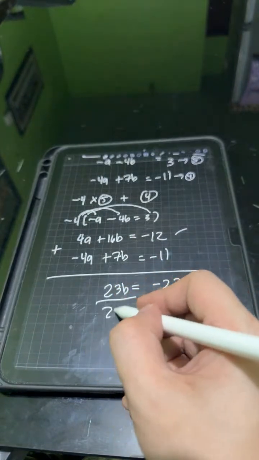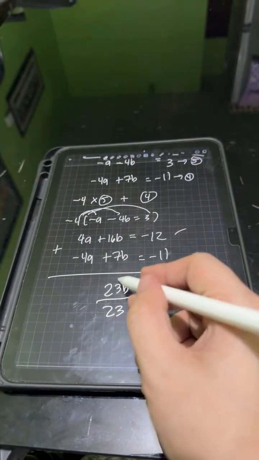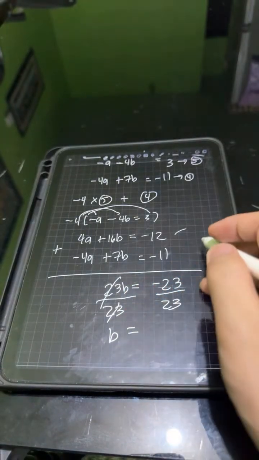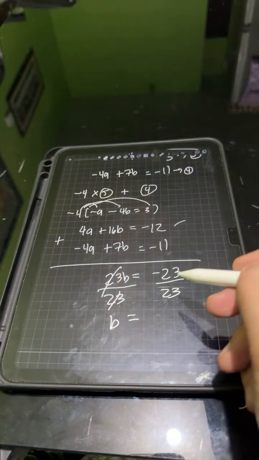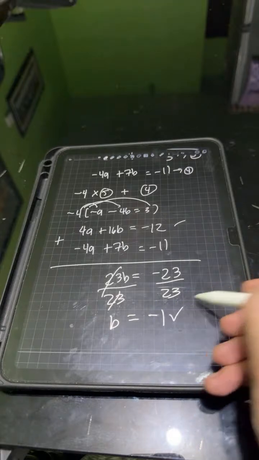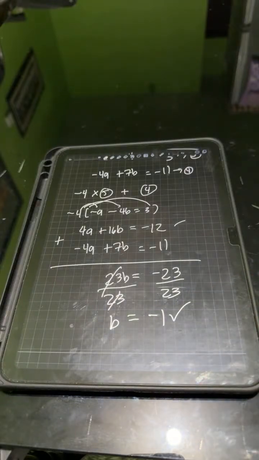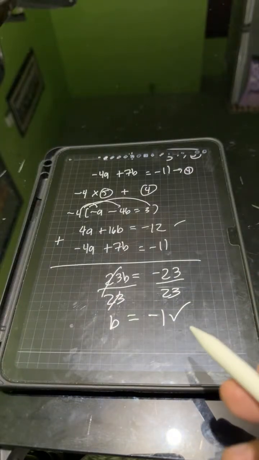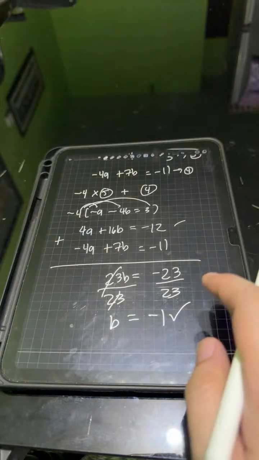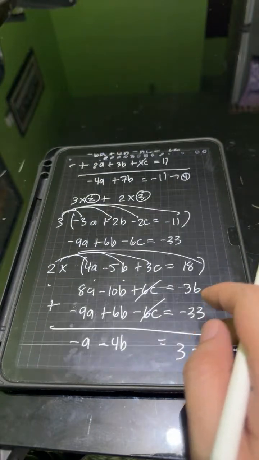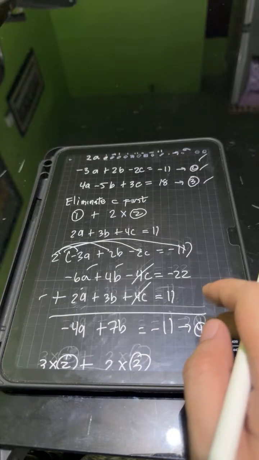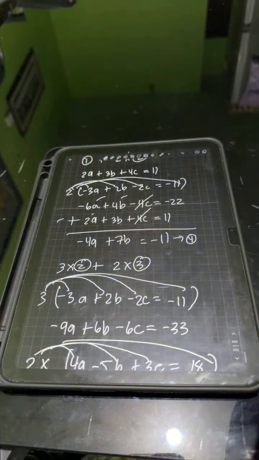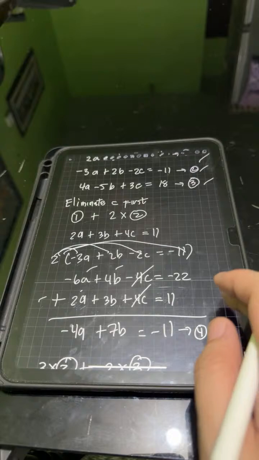Therefore, to solve for b, just divide both sides by 23. So b is equal to negative 23 over 23, or negative 1. Now that we have the value of b equal to negative 1, we can use equation 5 or 4, right, to solve for a.